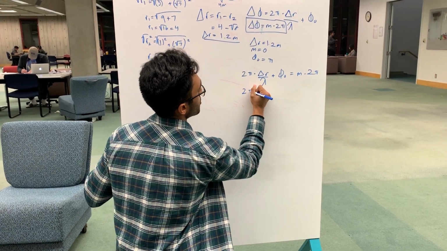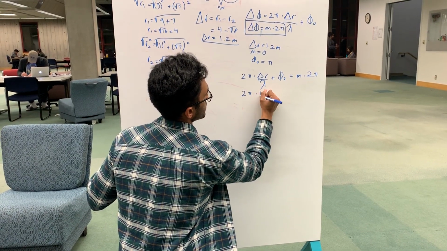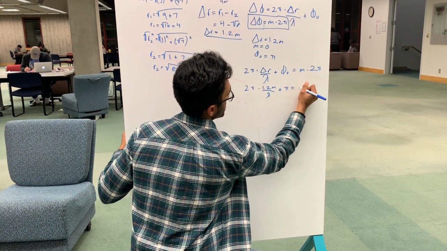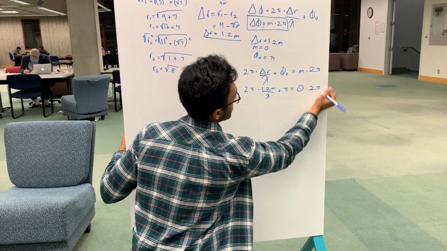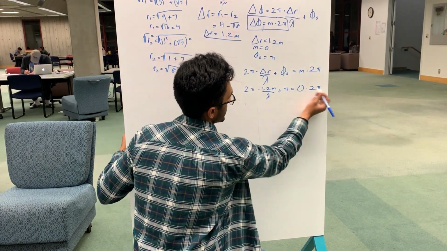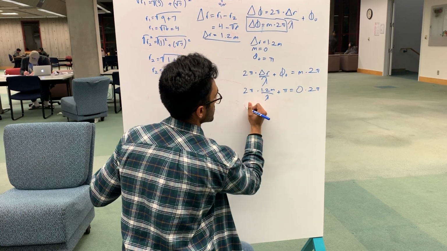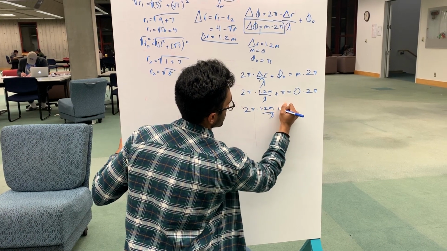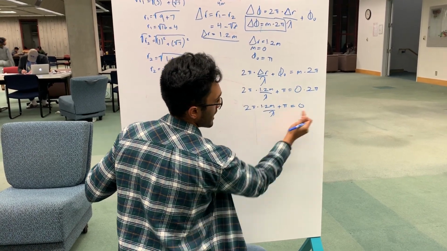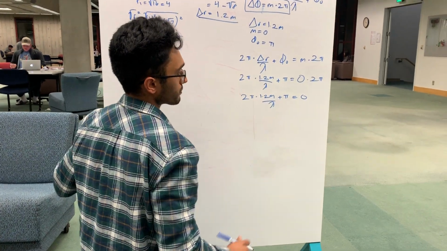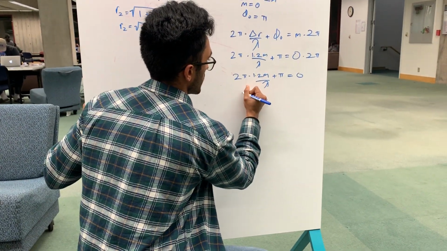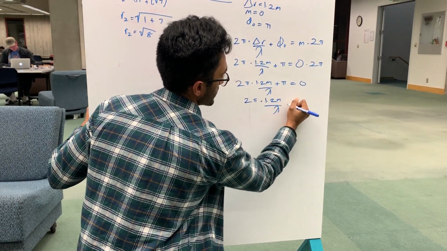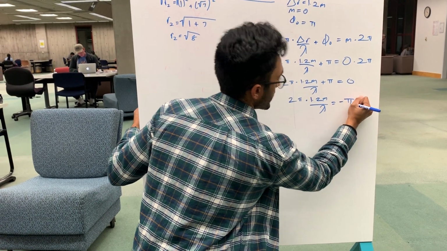So we have 2 pi times 1.2 meters over wavelength plus pi equals 0 times 2 pi. 0 times 2 pi is just 0, so 2 pi times 1.2 meters over wavelength plus pi equals 0. We can move that pi over. So now we have 2 pi times 1.2 meters over the wavelength equals negative pi.